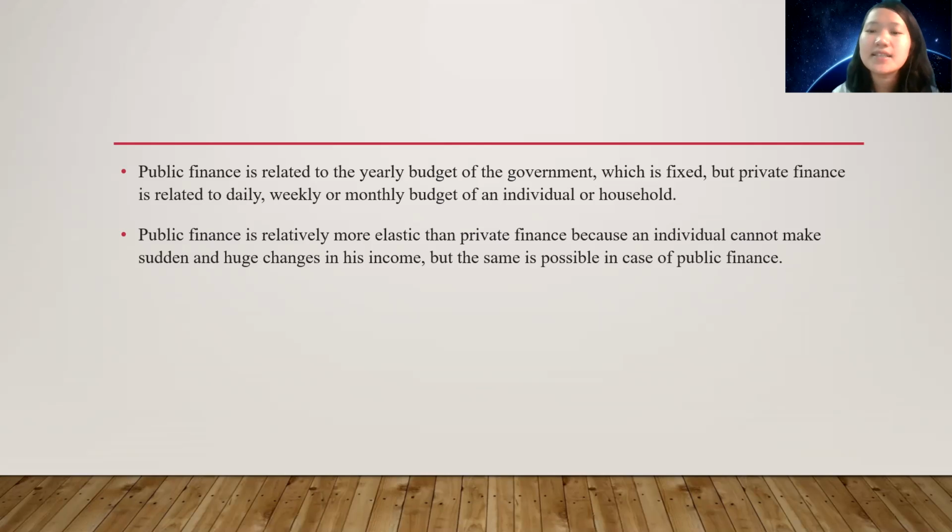This is a very political science question, but I know that all of you are studying political science as your first course. So you must know the time period between the two budget sessions and when they hold the budget.